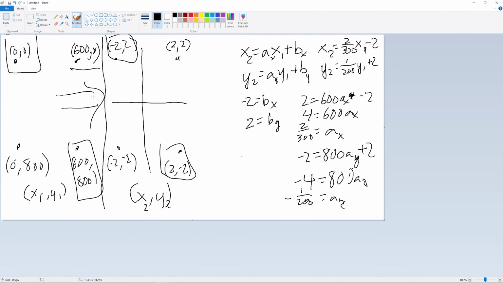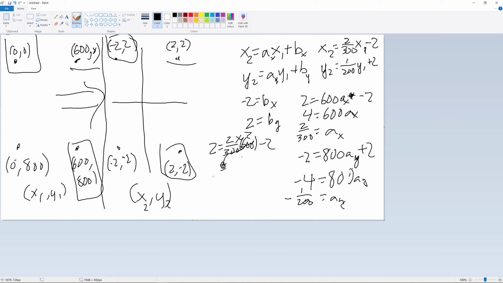Let's use this one to verify if it's correct or not. Does 2 equal 2 over 300 times 600, and then minus 2? 2 times 2 is 4, 4 minus 2 is 2.